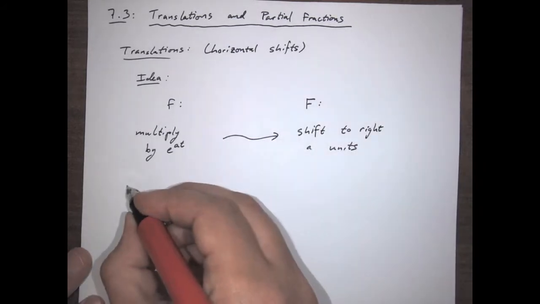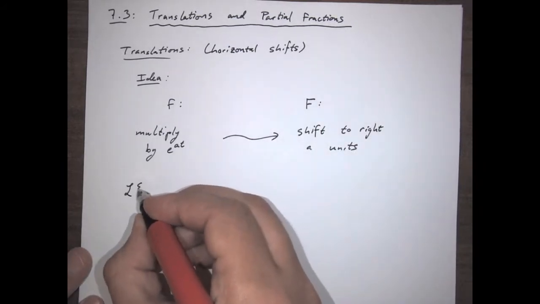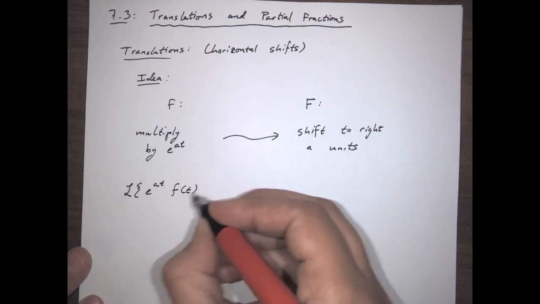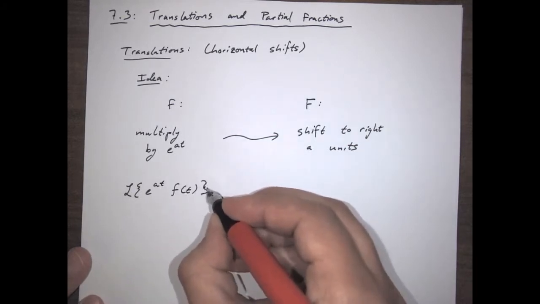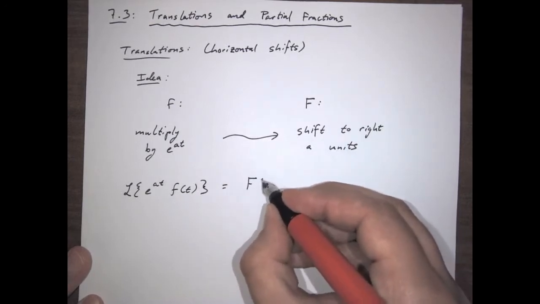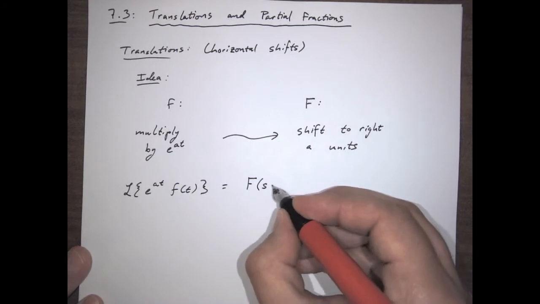So in other words, the Laplace transform of e to the at f of t equals capital F of s minus a.